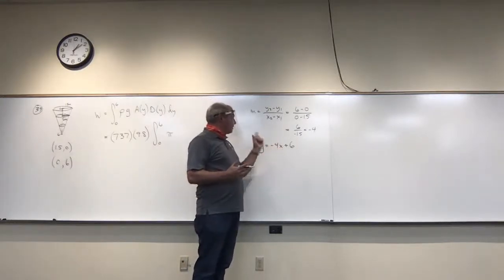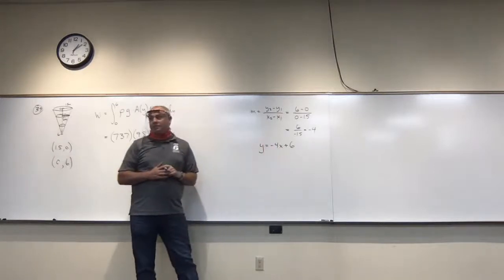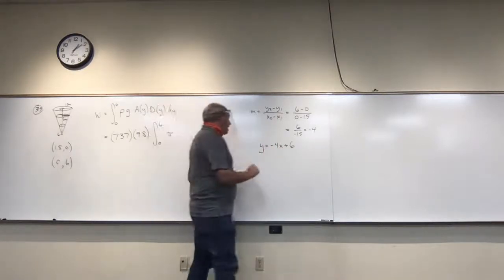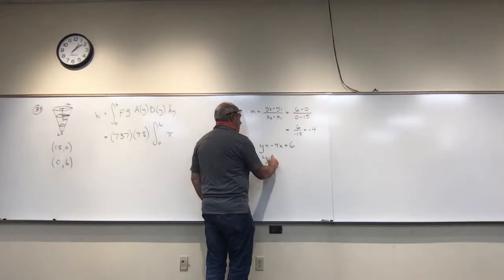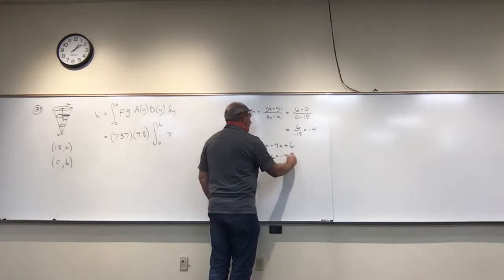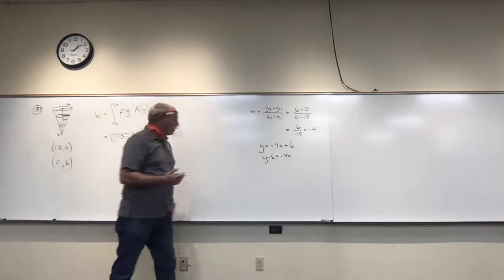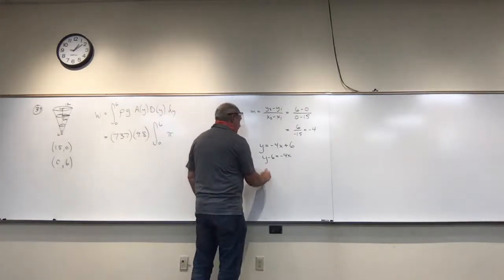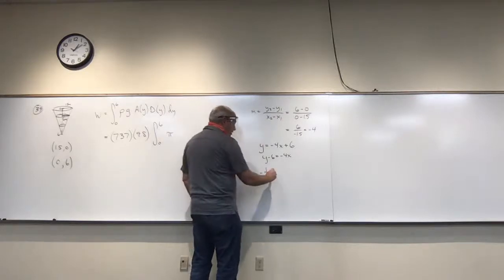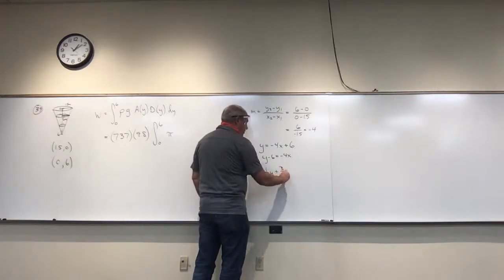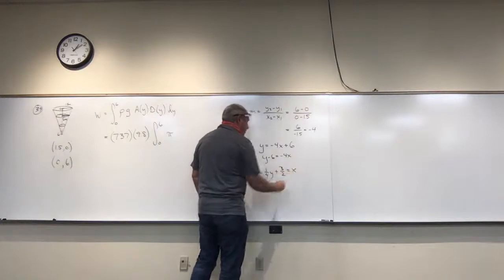So this is right, but it's not in terms of y. So I need to solve this thing for x. So I get y minus 6 is equal to negative 4x. Now I could divide both sides by negative 4, and I get negative 1/4 y plus 3 over 2 is equal to x.